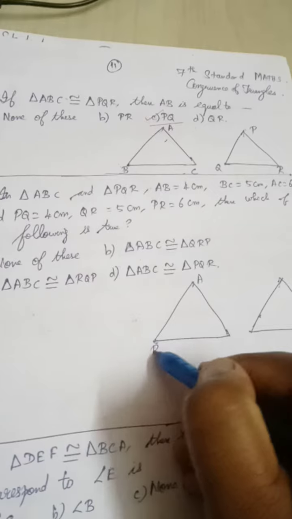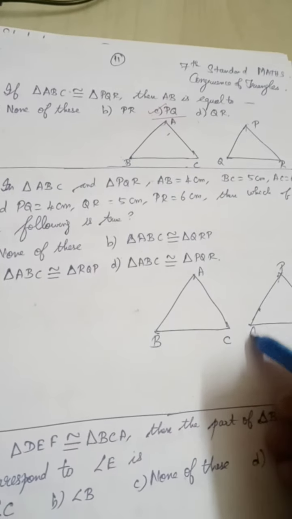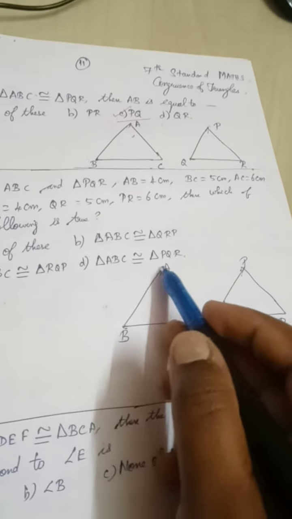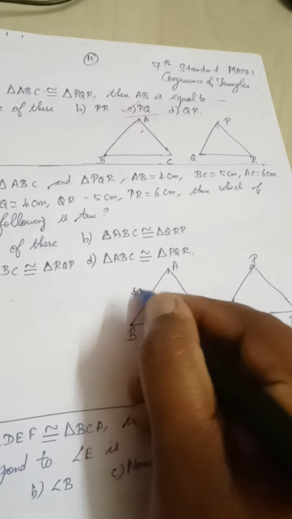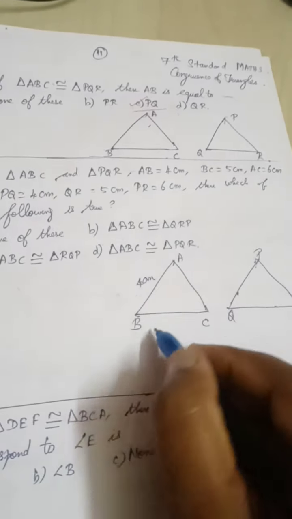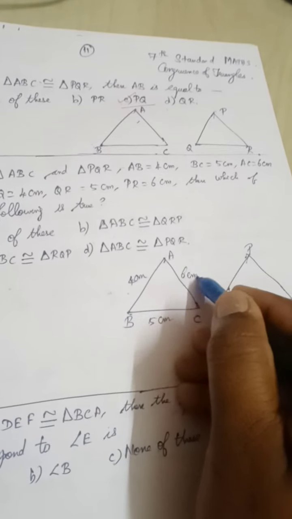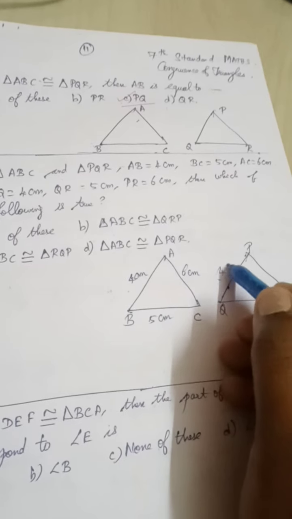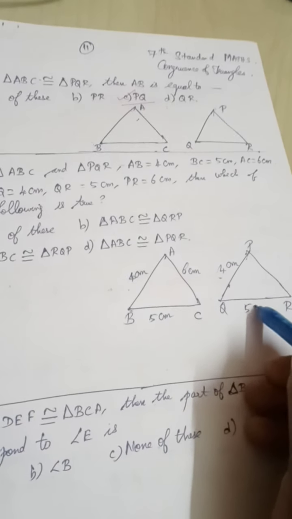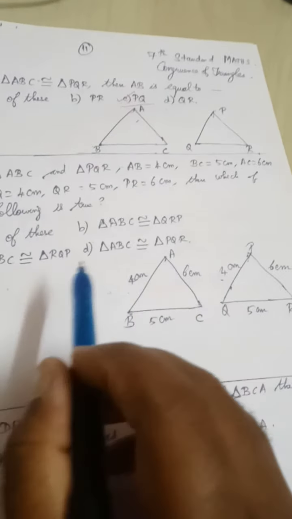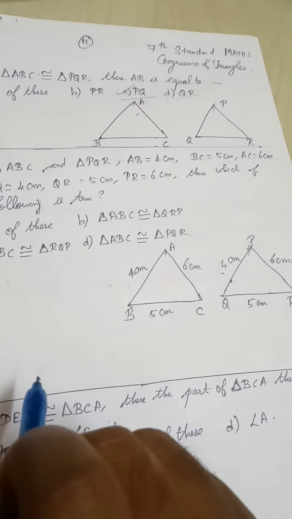AB is how much? 4 cm. BC is 5 cm. AC is 6 cm. PQ is 4 cm. QR is 5 cm. PR is 6 cm.